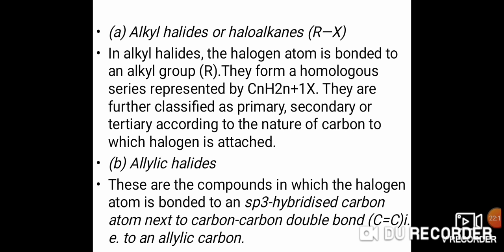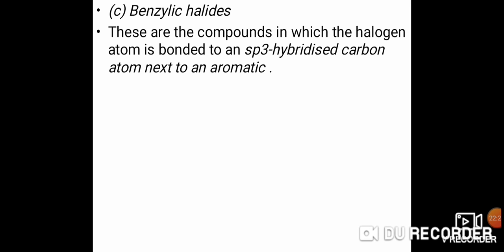So these are the compounds in which the halogen atom is bonded to an sp3 hybridized carbon atom next to a carbon-carbon double bond, or to an allylic carbon. And benzylic halides, these are the compounds in which the halogen atom is bonded to an sp3 hybridized carbon atom lying next to an aromatic ring.